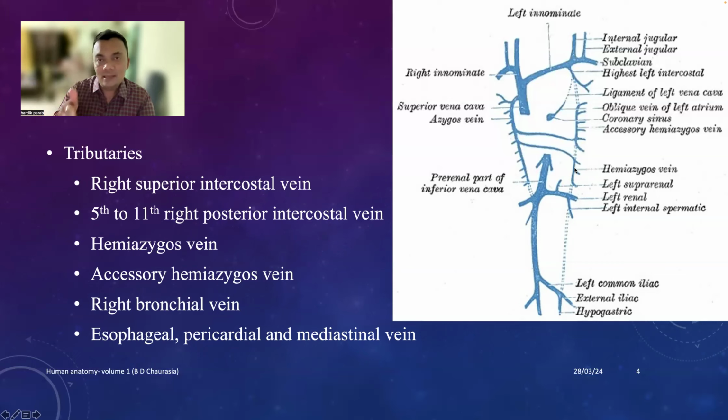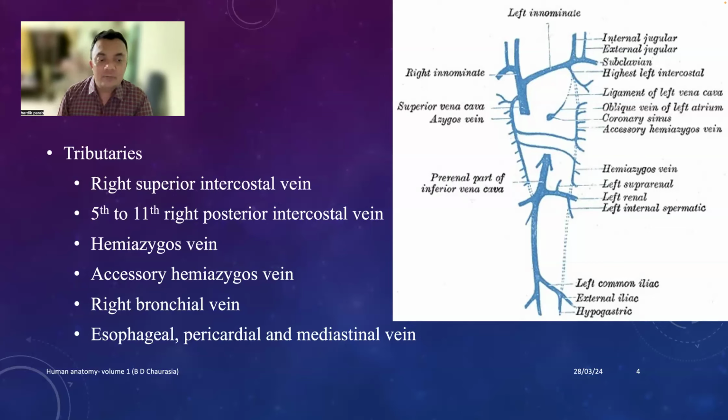This is on the right side. From the left side, it has the hemiazygos vein and the accessory hemiazygos vein. This is the hemiazygos vein, and this is the accessory hemiazygos vein. They are connecting with your azygos vein, so that is also another tributary.